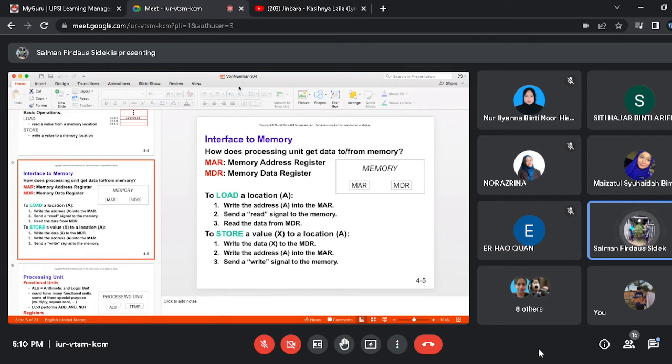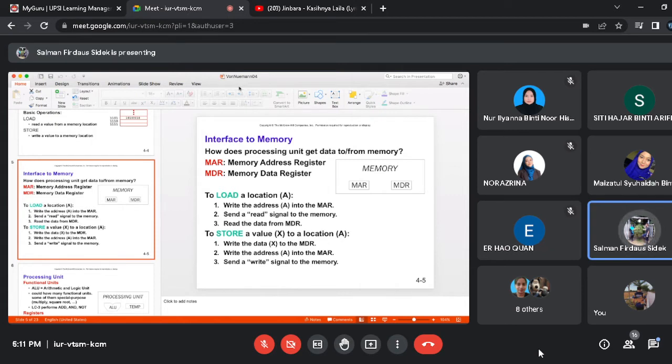So what are the steps in the loading process? Okay. So to load a location, let's say the location name is A. The address of the location is A. So what are the steps to take out the data from memory to CPU? The first one is write the address into the MAR.